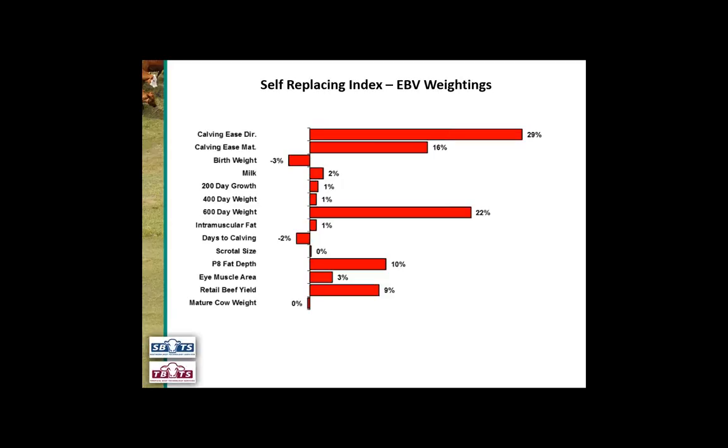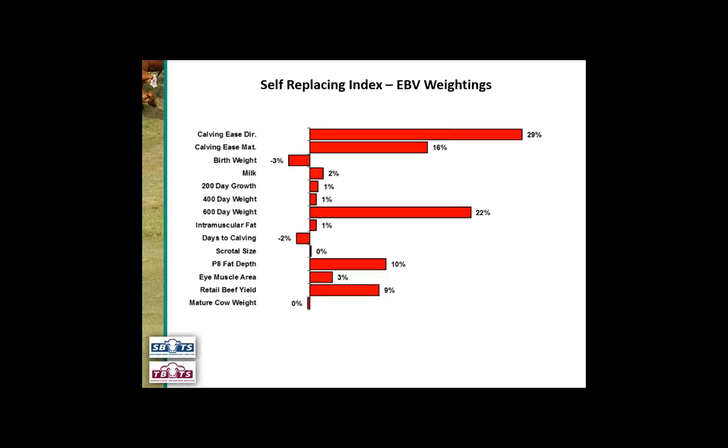And this shows you that for this particular self-replacing index for the Limousin breed, calving ease direct has the most emphasis on it, obviously because calving ease, live calves, are very important to profitability. The next most important EBV is 600-day weight, and there is a small amount on 400 and 200 because already we've accounted for most of that in the 600-day EBV.